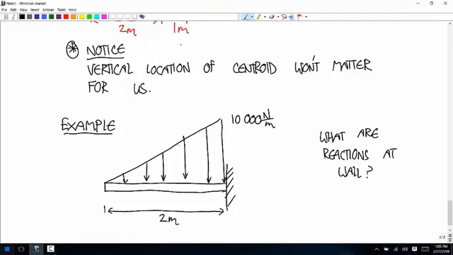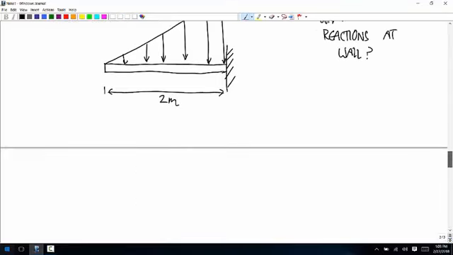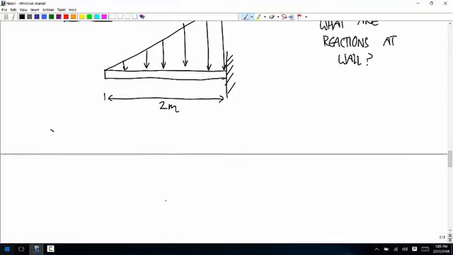The first thing we have to do is represent that distributed load as a point force. So let's think about this distributed load shape, this triangle. It has a width of 2 meters and a height of 10,000 newtons per meter.